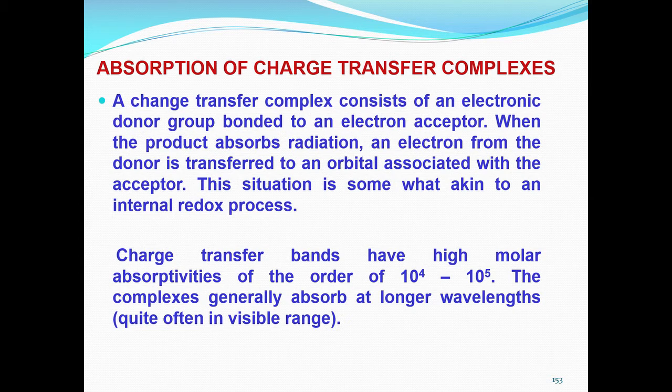You remember I had discussed that absorbance is equal to epsilon bc. So, epsilon represents the molar absorptivity. Most of the charge transfer complexes have high molar absorptivities. The complexes generally absorb at higher wavelengths, that is lower energy, and this higher wavelength can quite often extend into the visible range.